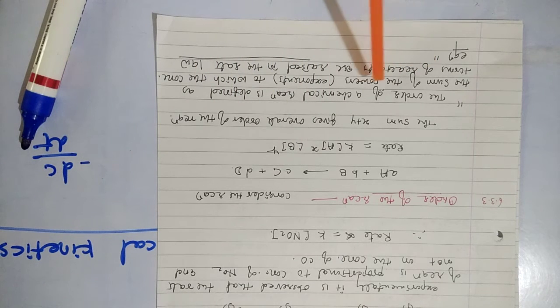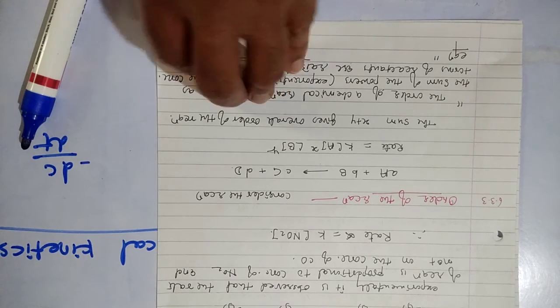Therefore, the order of a chemical reaction is defined as the sum of the powers to which the concentration terms of reactants are raised in the rate law equation.